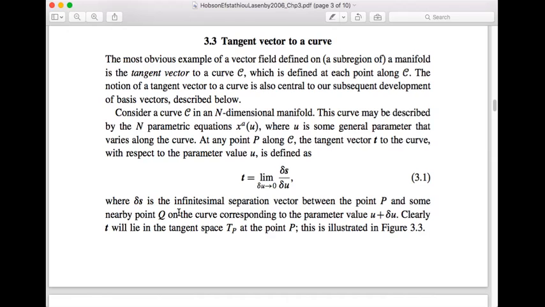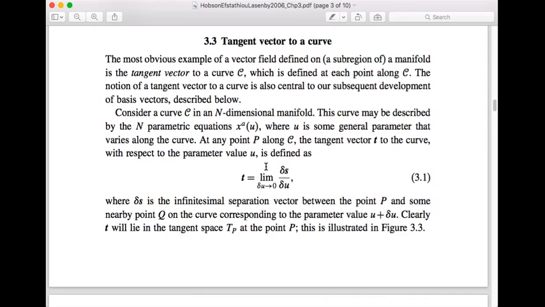Let's see how he says it. Delta S is the infinitesimal separation vector between the point P and some nearby point Q on the curve corresponding to the parameter value u plus delta u. So I think that's clear.